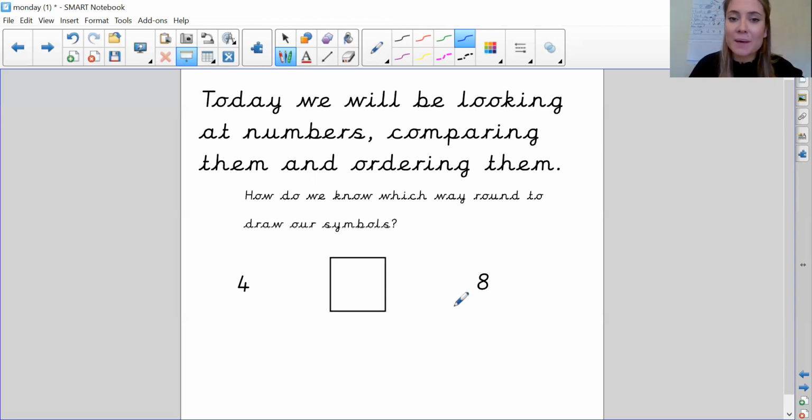So I need to check my bigger part of my symbol needs to go near the 8 because 8 is a bigger number than 4. So I need to make sure when I'm drawing my symbol that a wide part goes towards the 8 because 4 is less than 8. We always read it from left to right. 4 is less than 8.